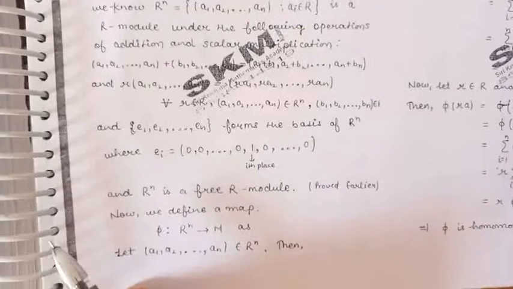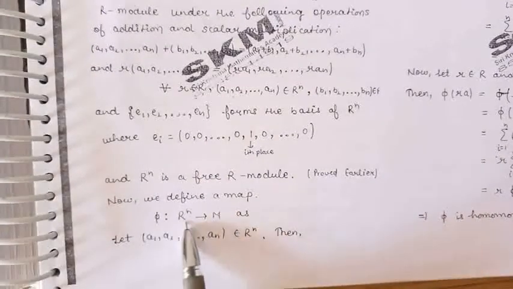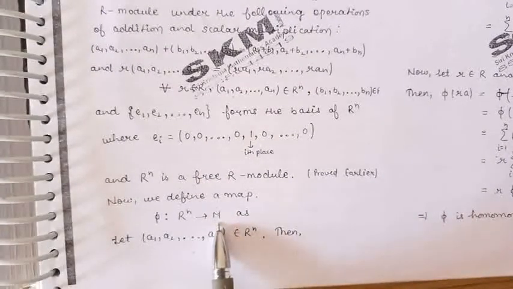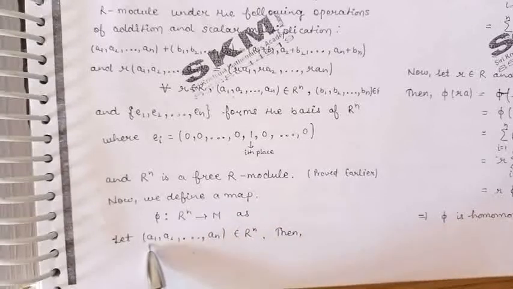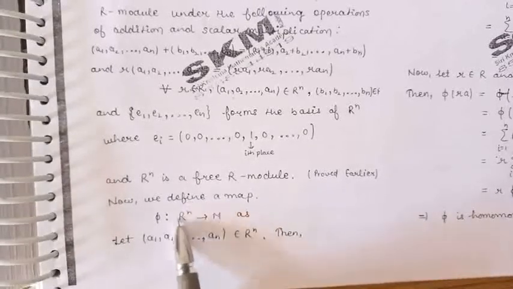Now let us define a mapping from R^n into M. To define this mapping, let us take an element of the form of n-tuples from R^n.